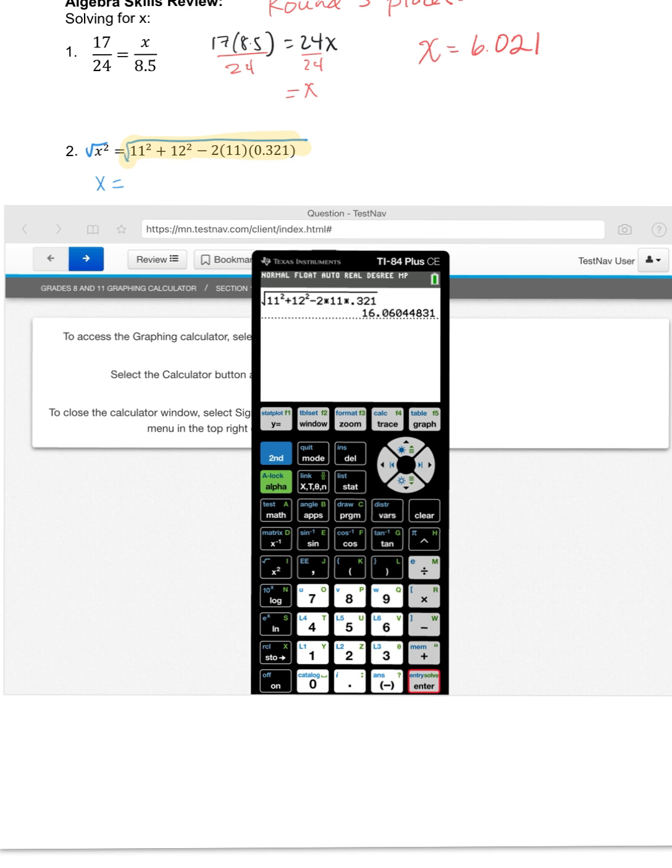So again, putting all that underneath, using multiplication symbols instead of parentheses for those numbers, I get approximately 16.060. You can leave it like this, and there's your solution.